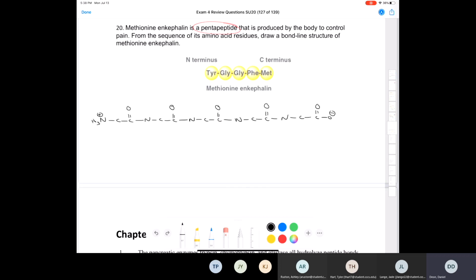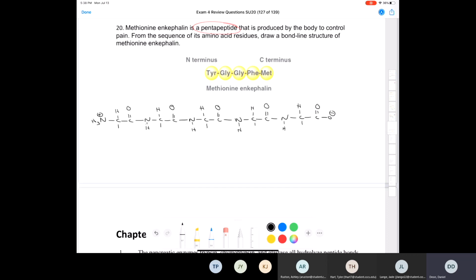Okay, I've got all that done. Next thing is to put a hydrogen attached to each one of these nitrogens, like this. I'm also going to put a hydrogen attached to each one of the carbons that's left over. And the last thing I have left to do is to fill in the R groups. So 1, 2, 3, 4, 5 R groups.